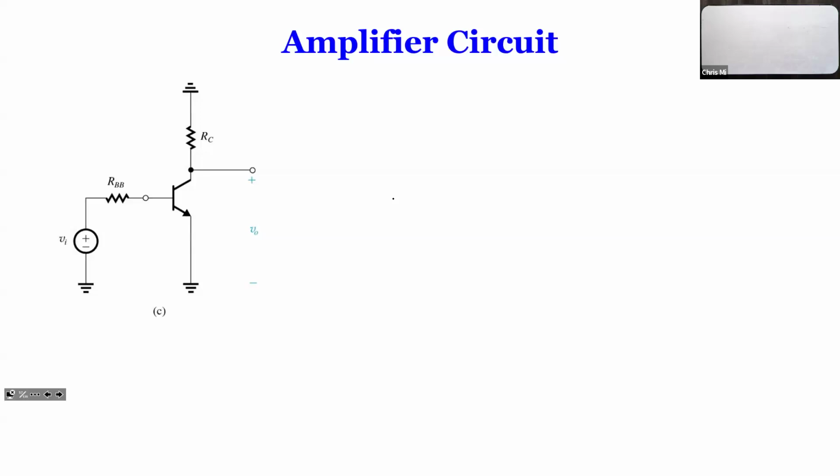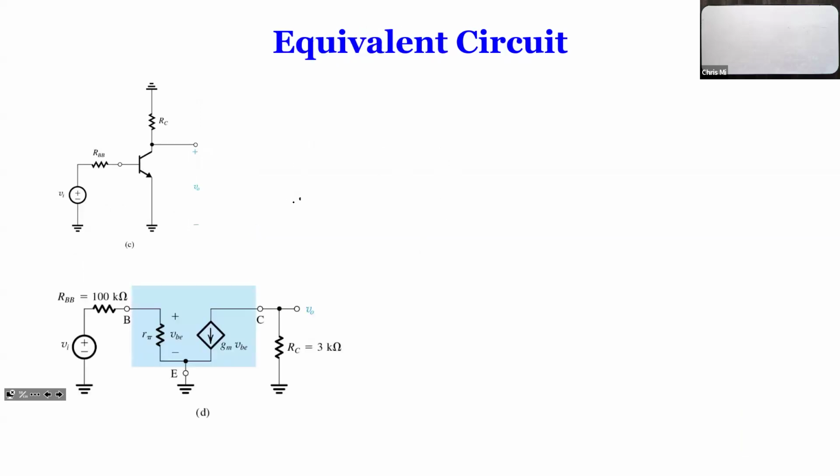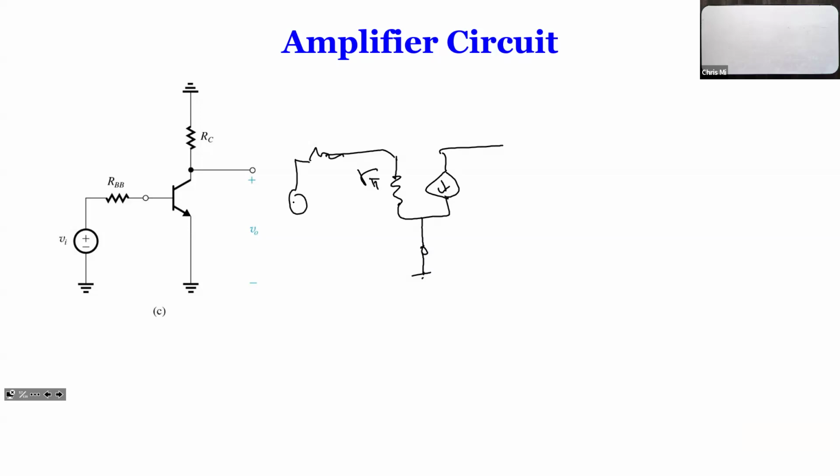Now we're going to draw the small signal equivalent circuit of the BJT. As I said before, the emitter is grounded, so we're going to use the pi model. And also we're neglecting the early effect, therefore there's no RO.